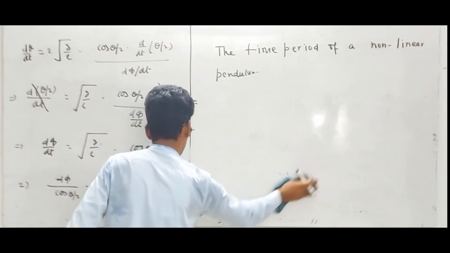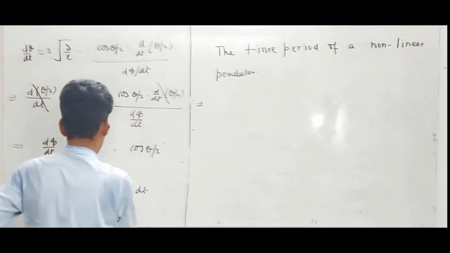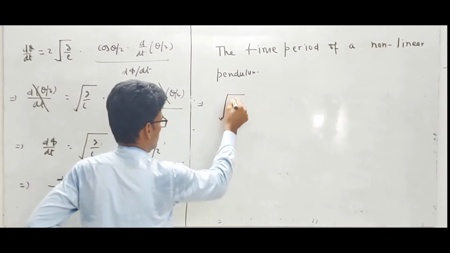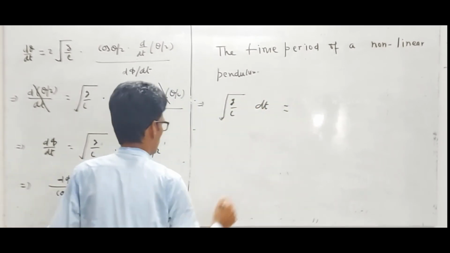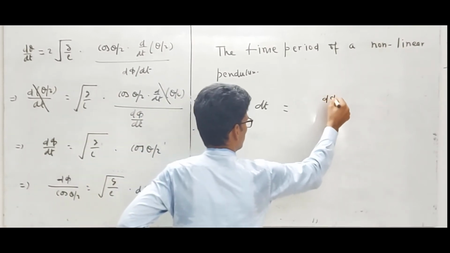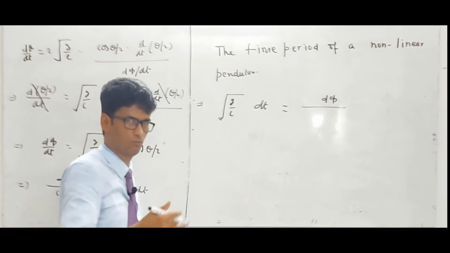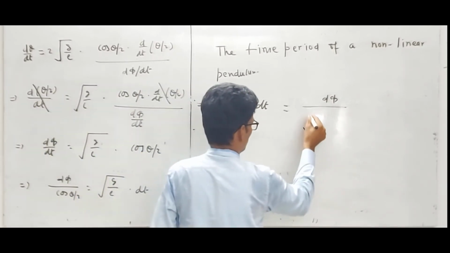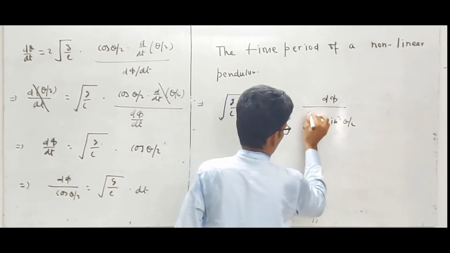So we write now. This implies, we are writing these things firstly here in the left hand side: under root g by L dt is equal to d phi over cos theta by 2. Taking the positive square root, this is under root 1 minus sin square theta by 2.